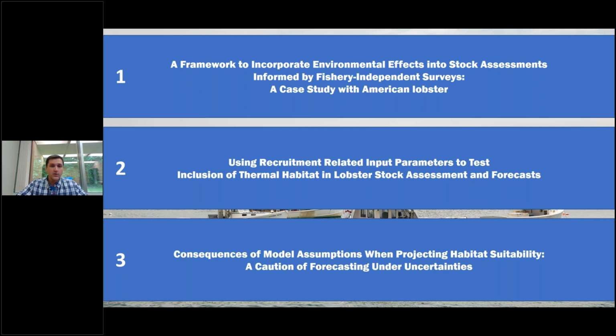And part three will shift gears a bit to discuss potentially unexpected or unanticipated challenges of mapping and forecasting habitat for non-data rich species. Throughout most of this work, I will be talking about lobster, but a lot of the methods I'll go over have a wide applicability, especially for crustaceans or length-based assessments in general.